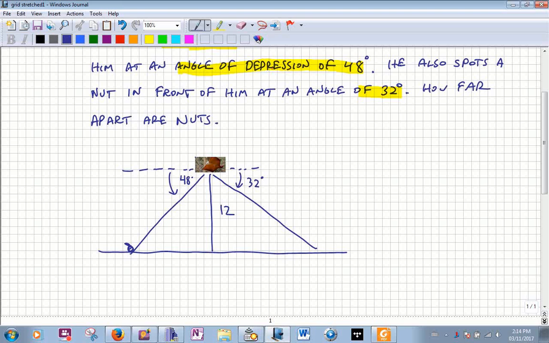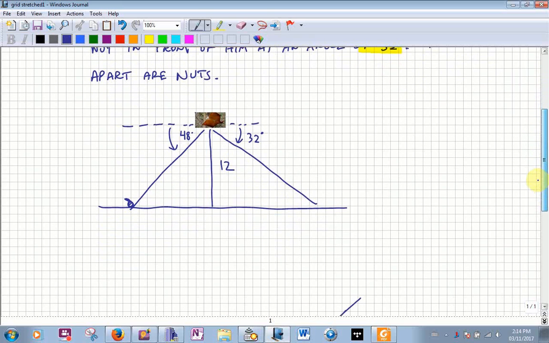Okay, what's the question? Here's his other nut. Question is, how far apart are his nuts? Okay, that's x. That's this whole thing. Now, are you going to assume this piece is the same as this piece?